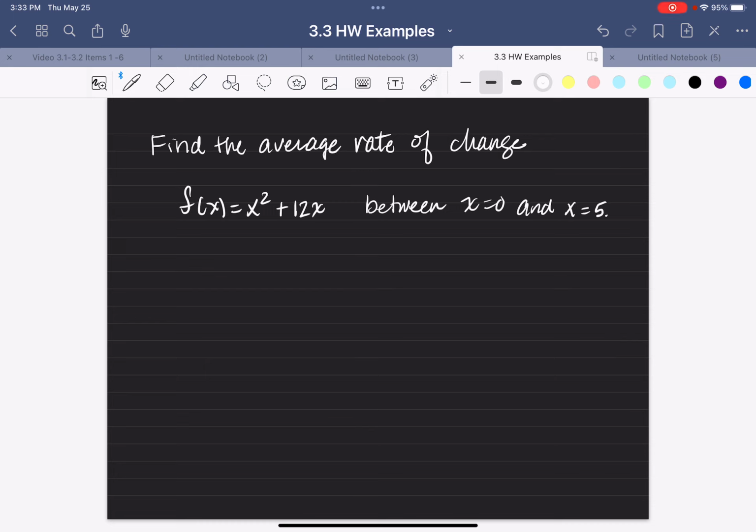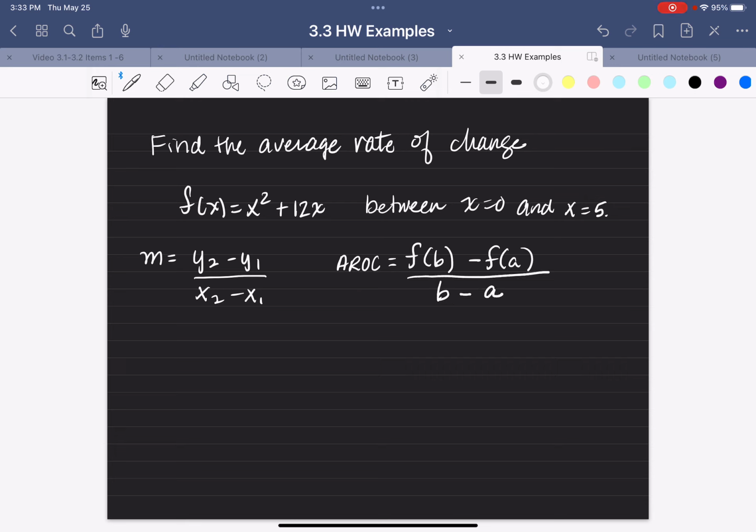So the important thing to know here is that the average rate of change is the same as the slope formula, except we're not dealing with a line, we're dealing with a function. So we write our average rate of change formula, the AROC formula as I like to call it, by saying the second y minus the first y over the second x minus the first x.